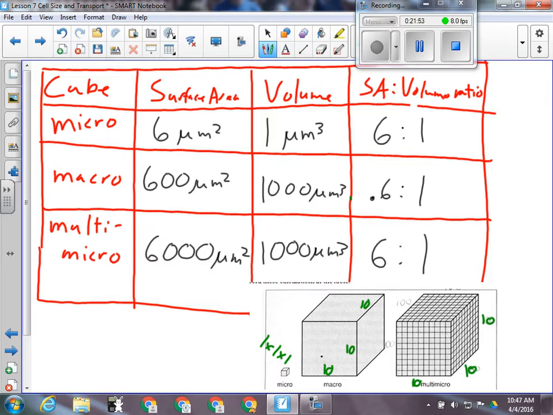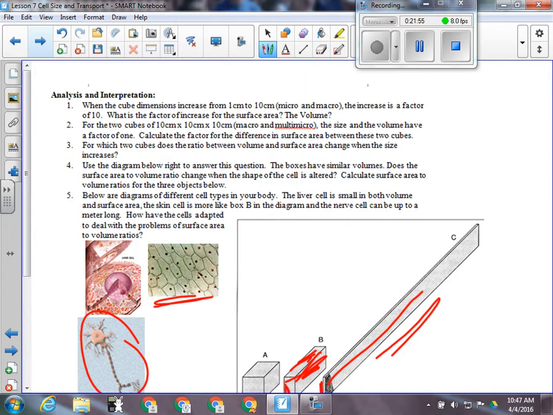Now a bunch of the analysis questions have to do with this chart. For question number 1, it says when the cube dimensions increase from 1, it's supposed to be micro, it says centimeters here, from 1 to 10, so when you go from micro to macro, the increase for each side is a factor of 10. How much does the surface area increase? Basically they're saying, how many times bigger is the surface area of macro than micro?